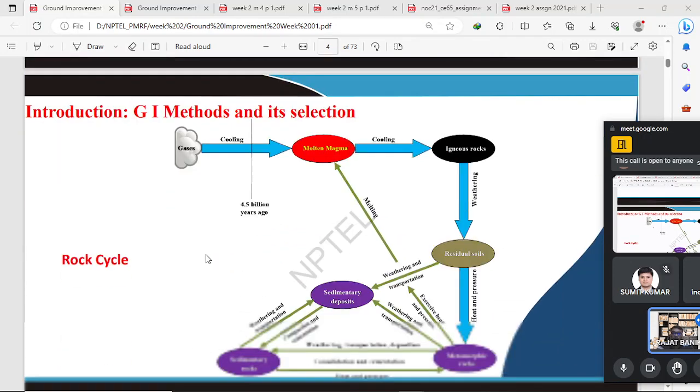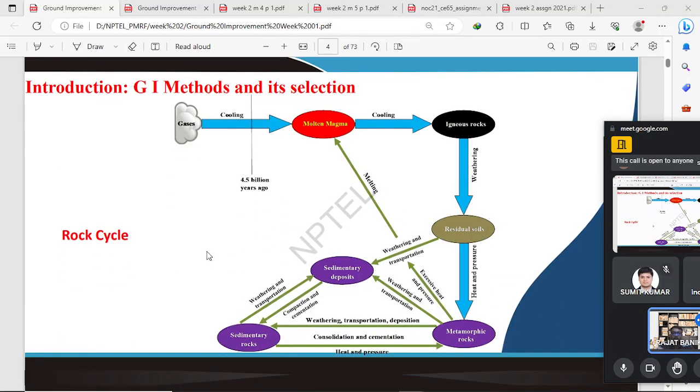Then we learned how soil is formed, what cycle it follows, and how rock is formed. From igneous, metamorphic and sedimentary rock, by degradation, heat and pressure, this soil is formed.